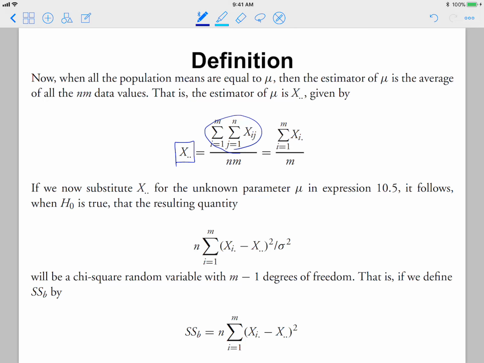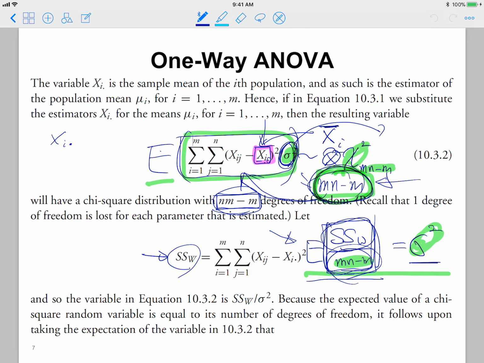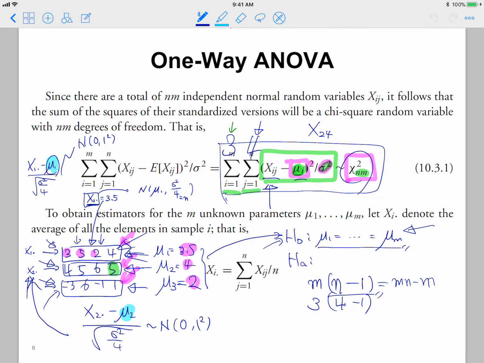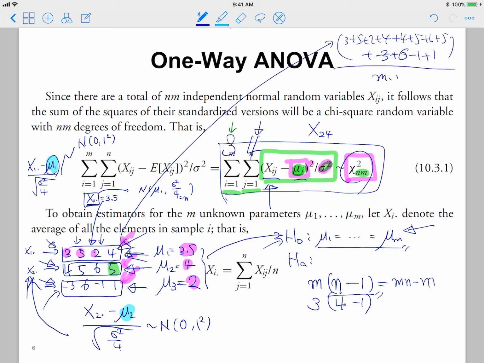So in this running example that we have, we basically sum all of them: 3, 5, 2, 4, and 5, 4, 6, 4, and 4 other values from this group, and then divide by m times n, which is 12.